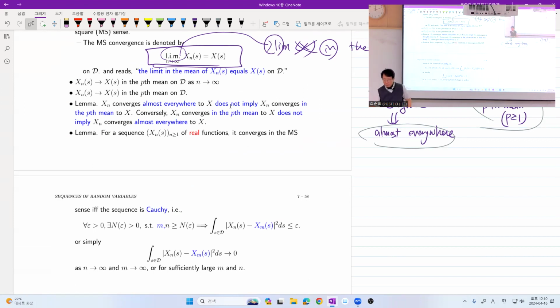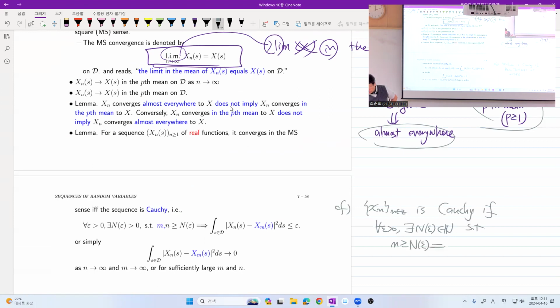So you remember, x_n is Cauchy if this is the definition: for every epsilon positive, there is N of epsilon such that n greater than or equal to N of epsilon implies the distance between x_m and x_n is less than or equal to epsilon, right?